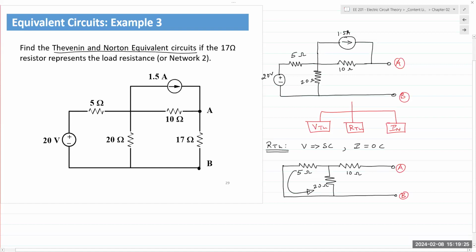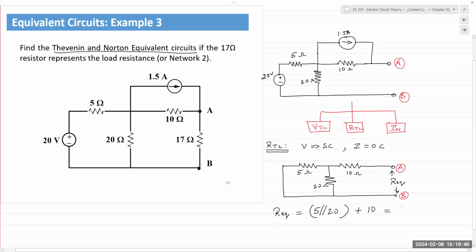And so RTH, as measured between the terminals A and B, let's say REQ, measured between A and B, can be written as 5 in parallel with 20, which would then be in series with the 10.